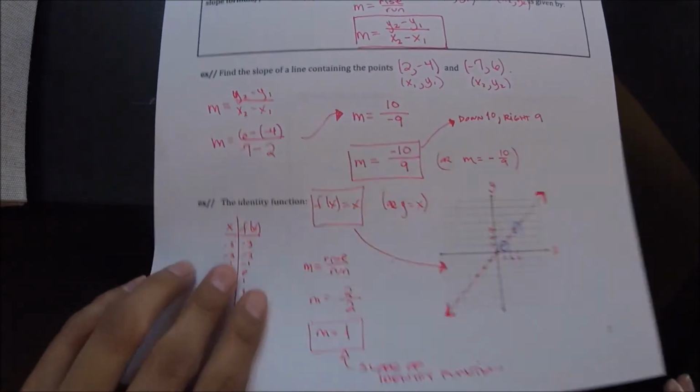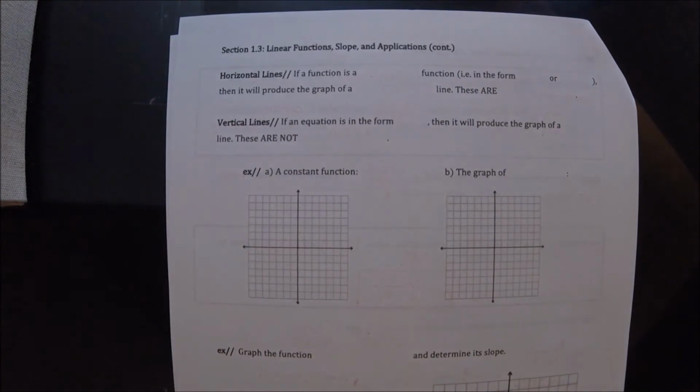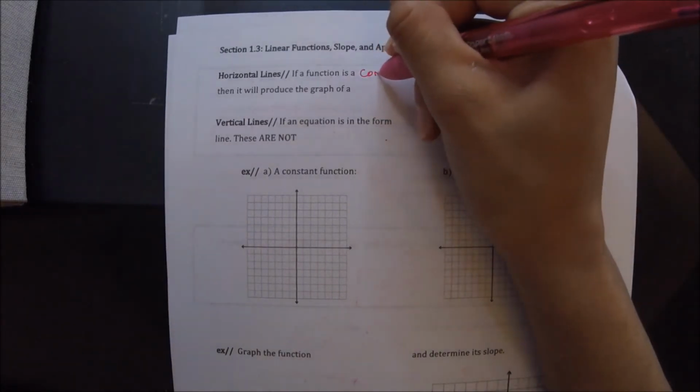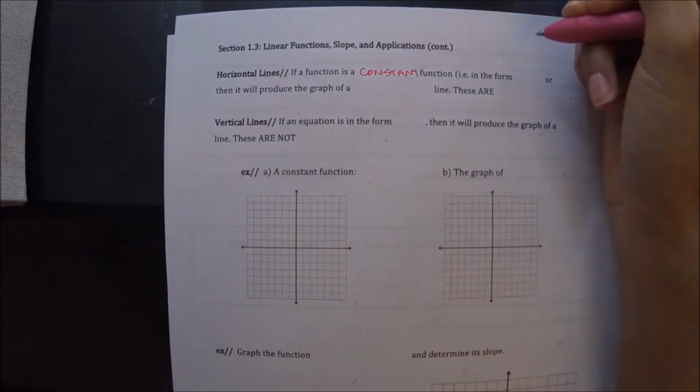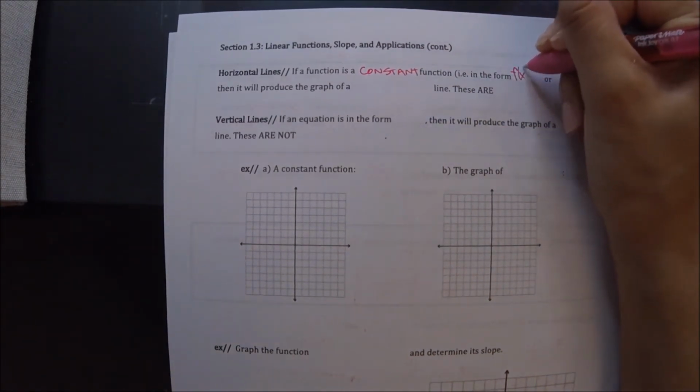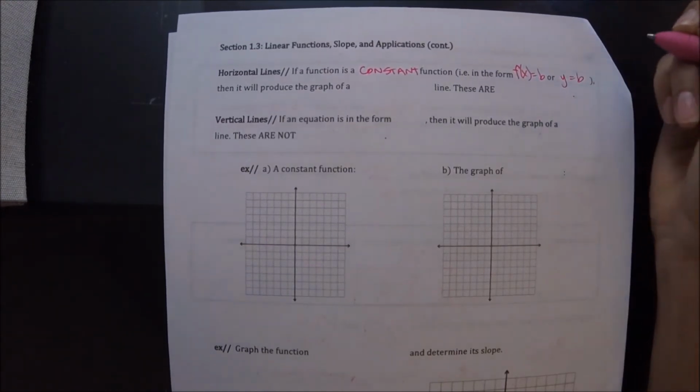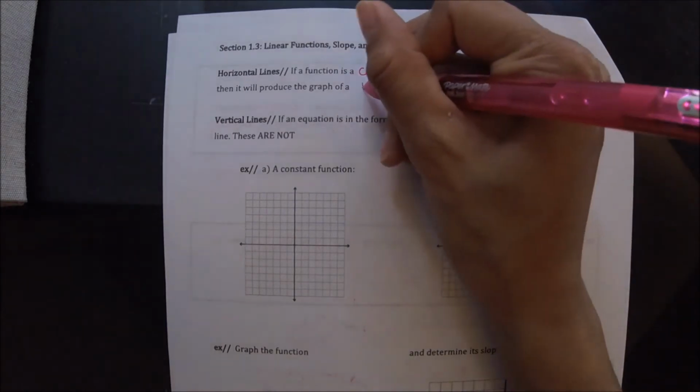All right, let's go on to the top of page 2. All right, we're going to talk about horizontal lines and vertical lines. So if a function is a constant function, meaning it's in the form f of x equals b or y equals b, then it's going to produce the graph of a horizontal line.